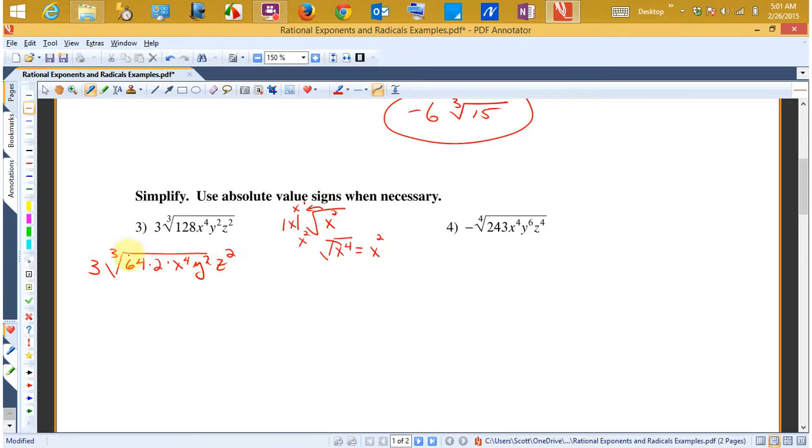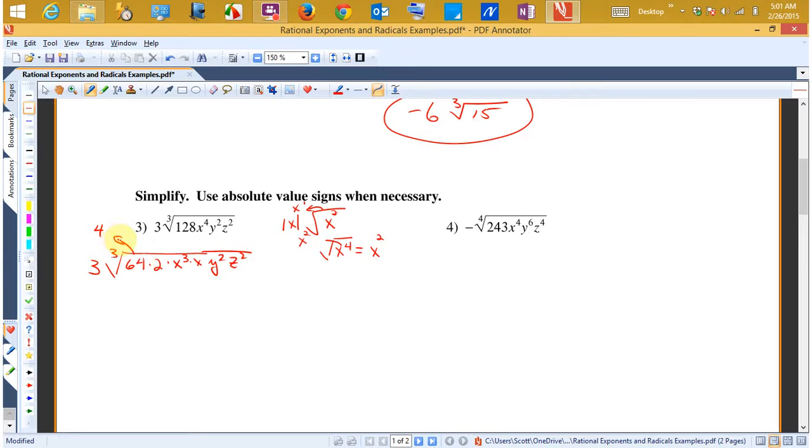Okay, so the cube root of 64 is 4, so a 4 is going to come out. And then for my x to the fourth, let me take one more step. I'm going to break that x to the fourth up into x cubed times x. Now we have y squared, z squared.